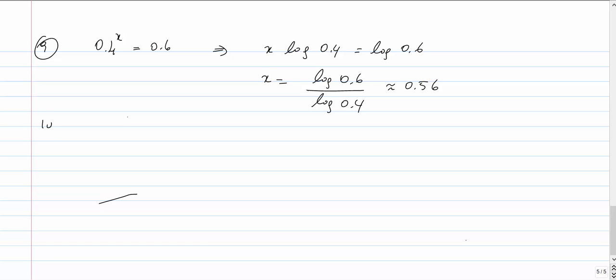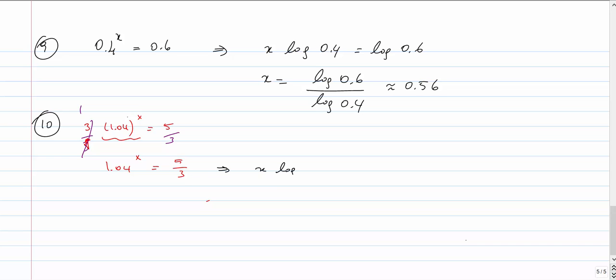All right, for problem 10: three times 1.04 to the power x equals 5. The coefficient has to go because I want my x term by itself to solve for it. Then 1.04 to the power x is 5 over 3. I divided both sides by 3. Now I can apply the log.